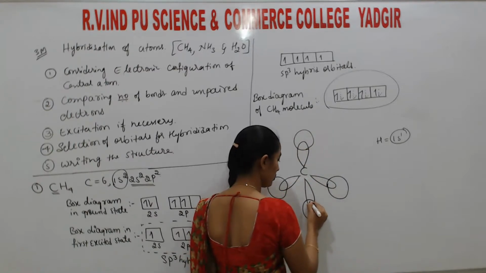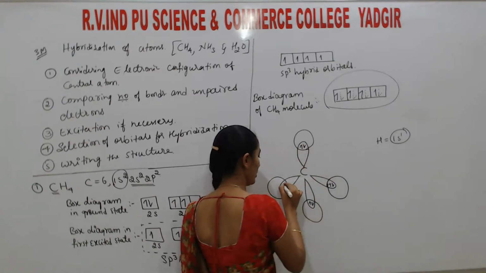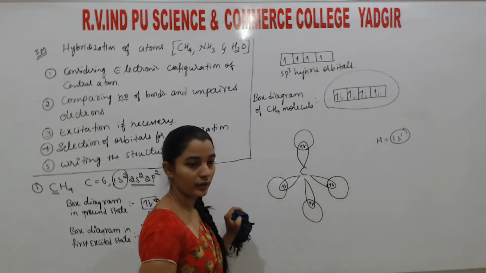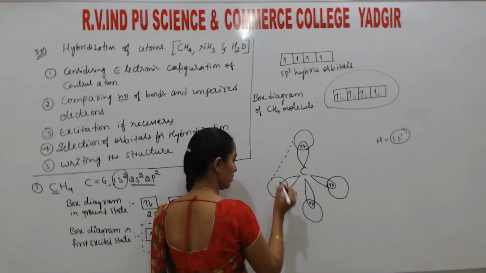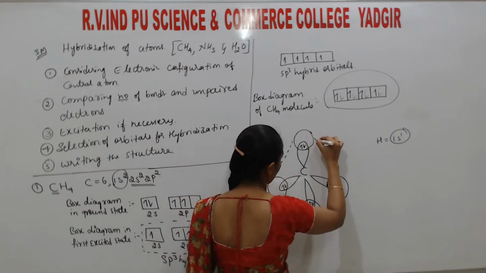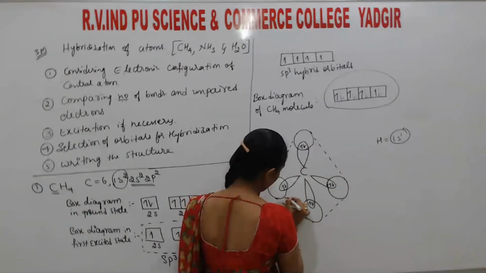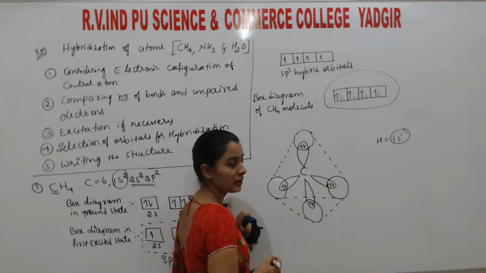Here the two electrons of hydrogen and carbon are bonded. Now the structure, if you draw, okay, this is tetrahedral in structure.